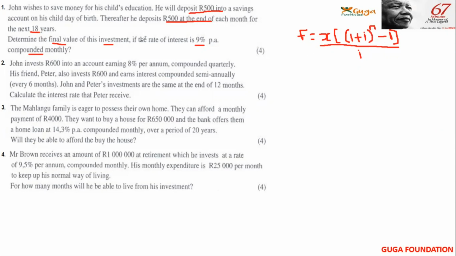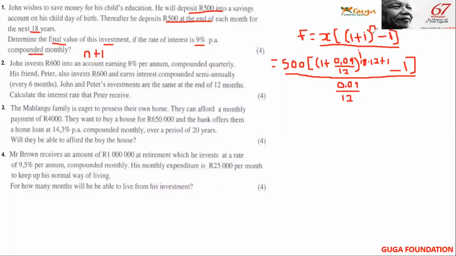Okay. Now we are told that the deposit starts immediately, so the number of periods will be n plus 1, because of immediately and at the end. So now it will be equal to 500 into 1 plus 0.09 divided by 12, compounded monthly.